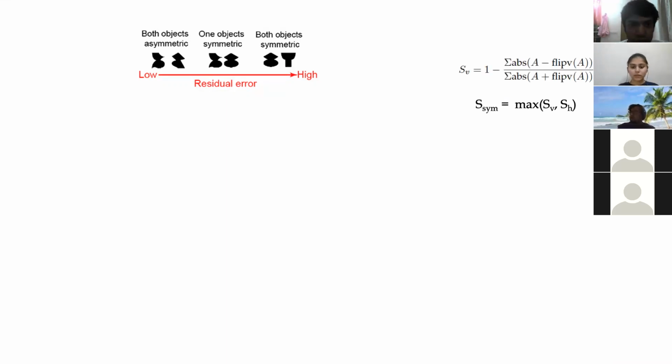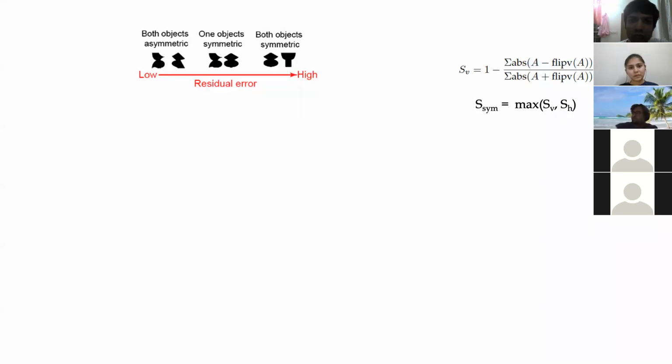So we did that by using a very simple measure. You take an image and you flip the image along the vertical axis and overlap the two images and compute the difference and take the average difference.